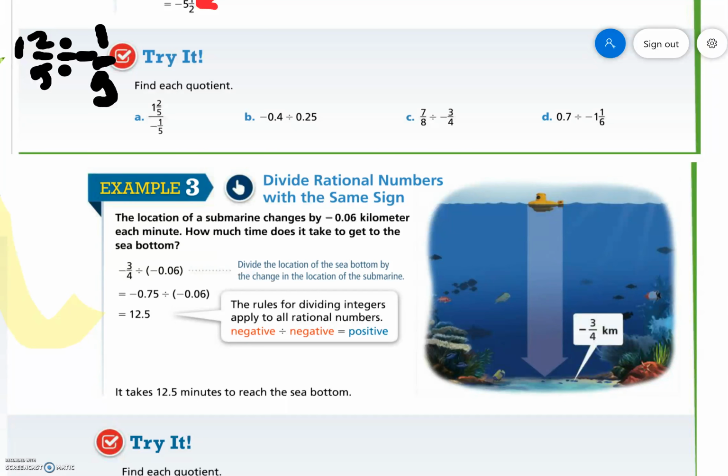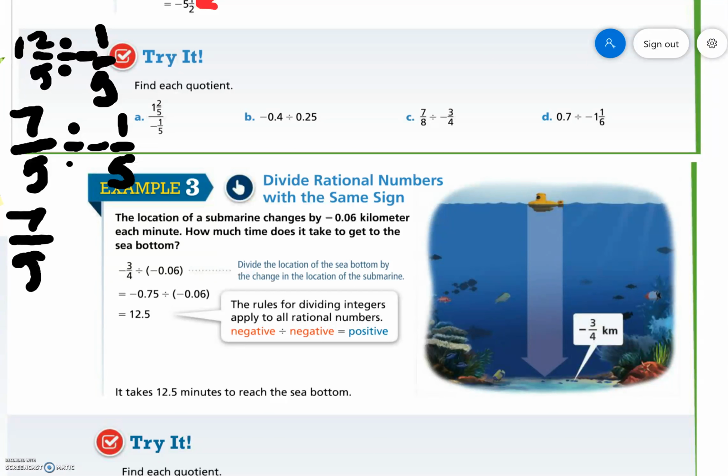Get mad, this makes it 7/5 divided by -1/5. Stay 7/5, change to multiplication, and flip. Multiply straight across, that gives us negative 35 over 5.